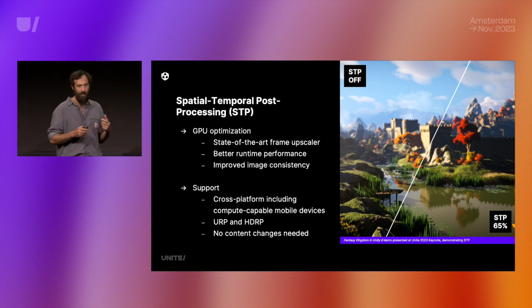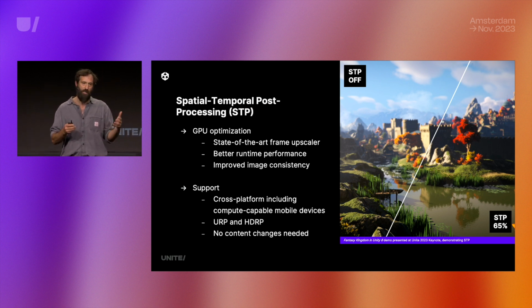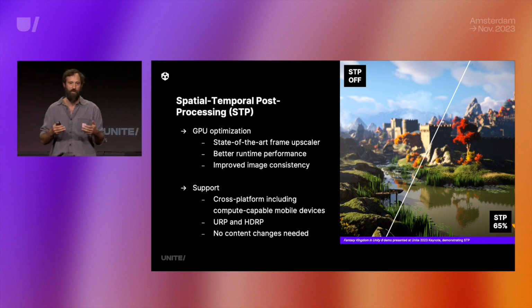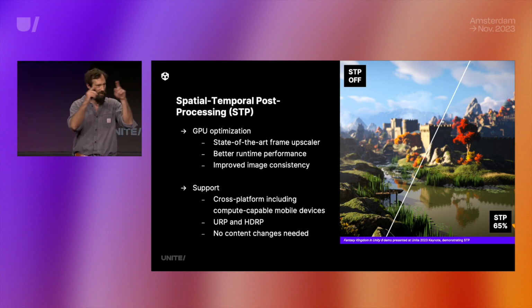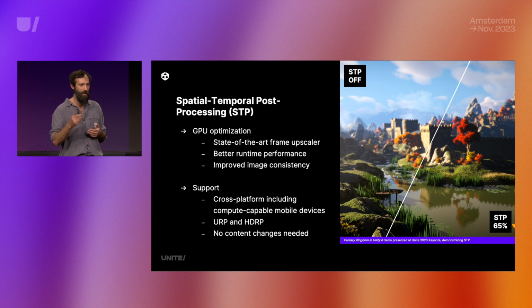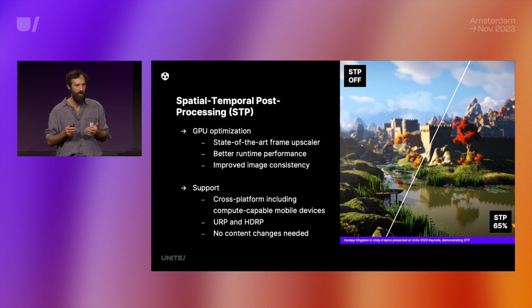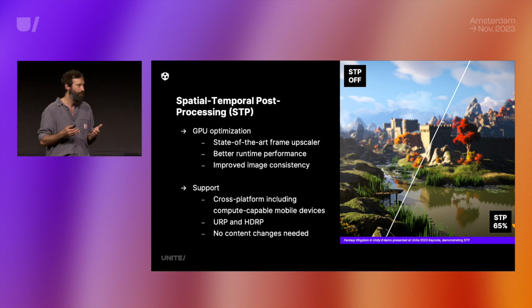So we decided to have our own technology that we called STP, Spatial-Temporal Post-Process, which looks at the previous frames and uses accumulation, if we simplify, to recreate the pixels which are missing when you upscale. It's quite magical, as you've seen this morning. You almost see no difference between a 2K image and a 4K image, for example. And it will be very important for all kinds of applications on any platform.